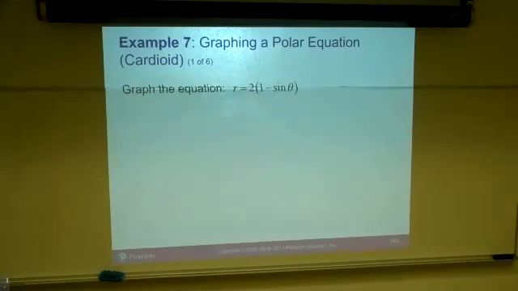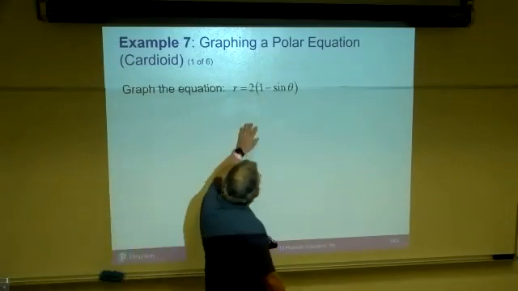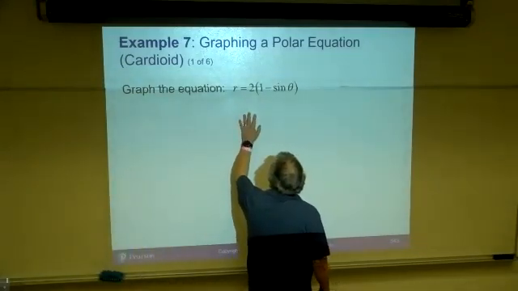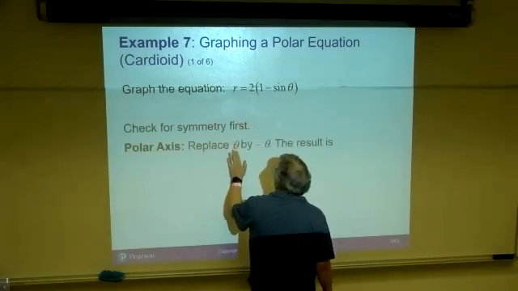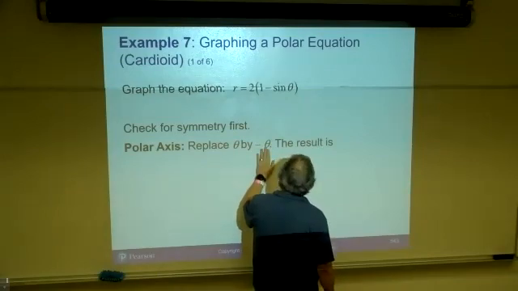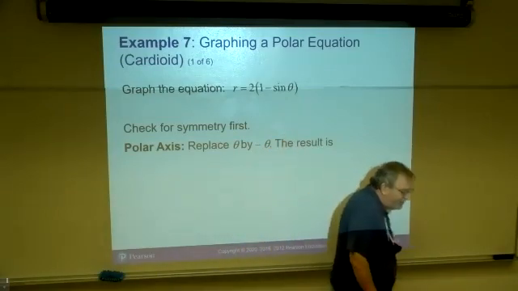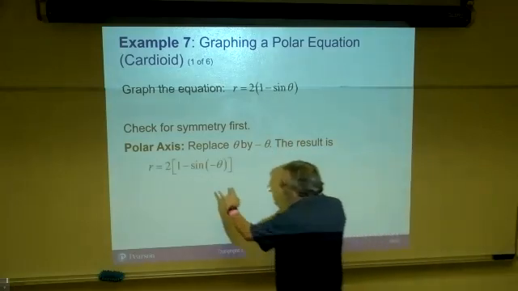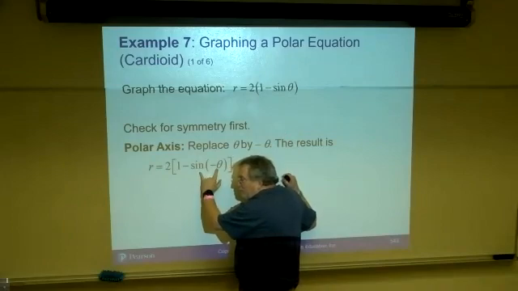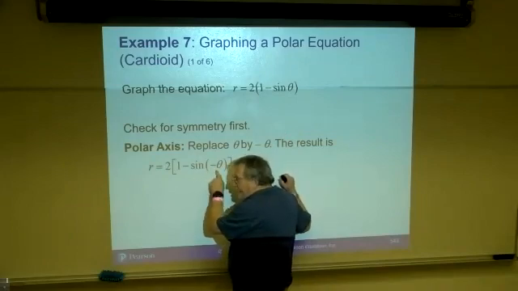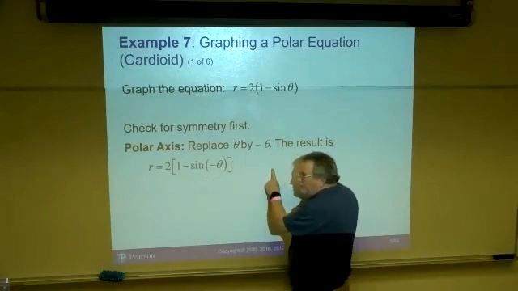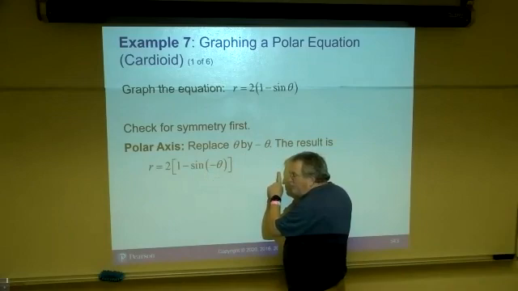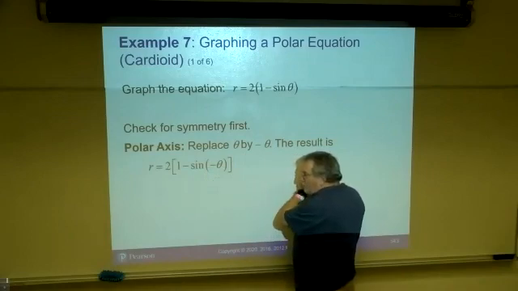Okay, so they want you to check for symmetry first. So the first thing to do is to replace theta with negative theta. Does it wind up being the same equation? So now, what is the sine of negative theta? Sine is an odd function. F of negative x equals what?